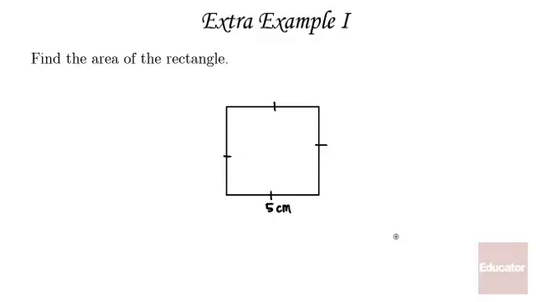For the first example, we're going to find the area of this rectangle. Now we know it's a rectangle with 4 congruent sides, meaning 4 sides are the same. That means this is actually a square, and a square is a type of rectangle. So if this is 5, this is also 5. The area is base times height, which is 5 squared, or 5 times 5.